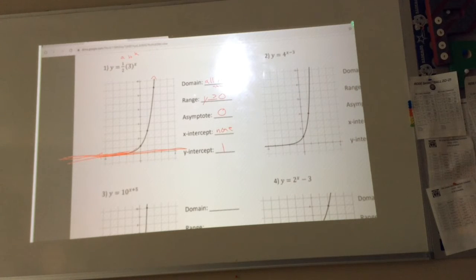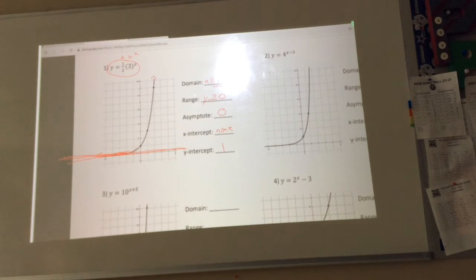Okay, what I'd like you to do is go ahead and open up your calculators, please, for today on your computer. Go ahead, open up your calculator. And when you get to your calculator, I'd like you to go to your y equals, and I want you to type in this equation right here. Yeah, you're going to have to make your exponent a variable. That's okay.